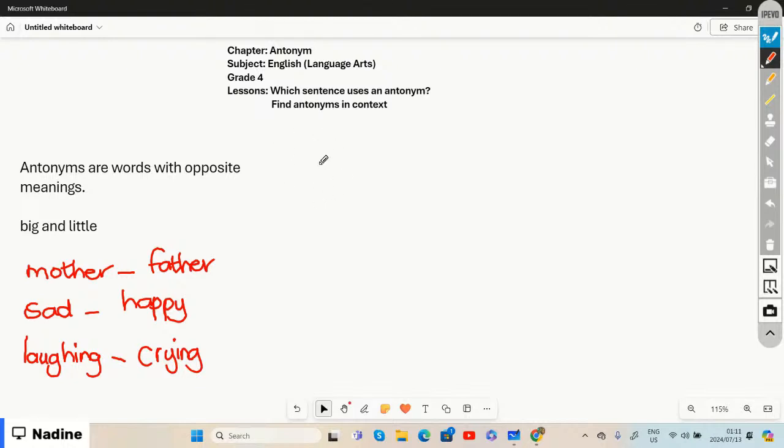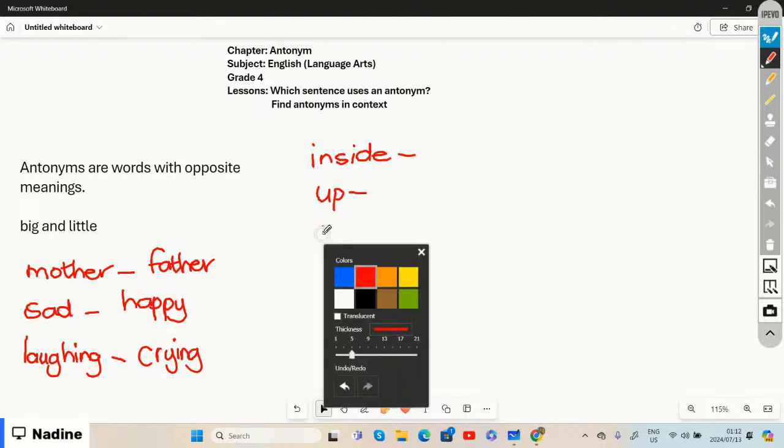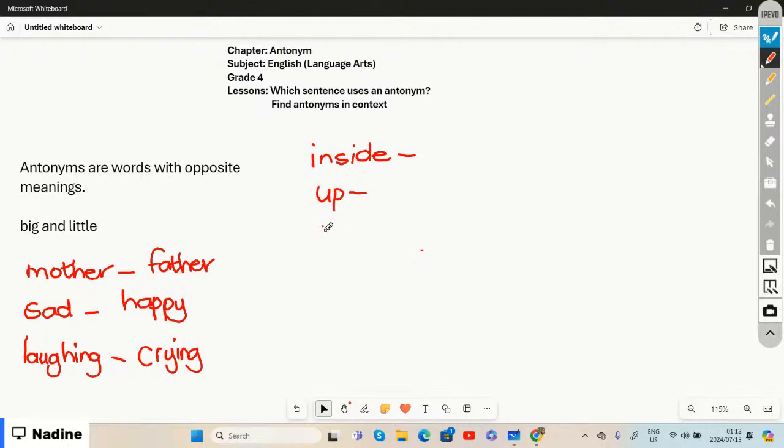Like, for example, inside. What is the opposite of inside? What is the opposite of up? Let's go with white. We need to find the opposites of these words.